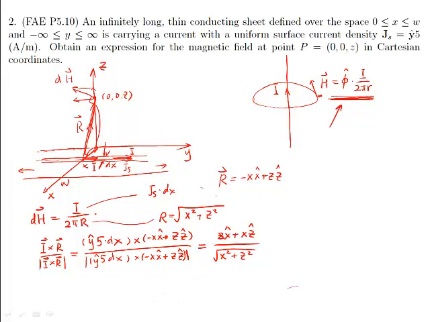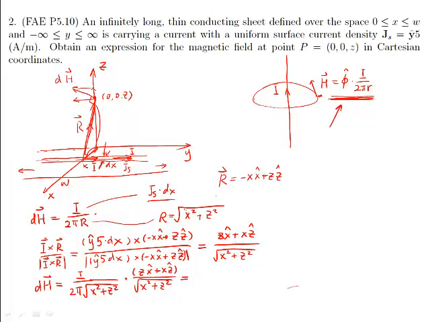So combining all of these, we now know that dH is equal to I over 2 pi square root of x squared plus z squared, times (z x hat plus x z hat) over the square root of x squared plus z squared.